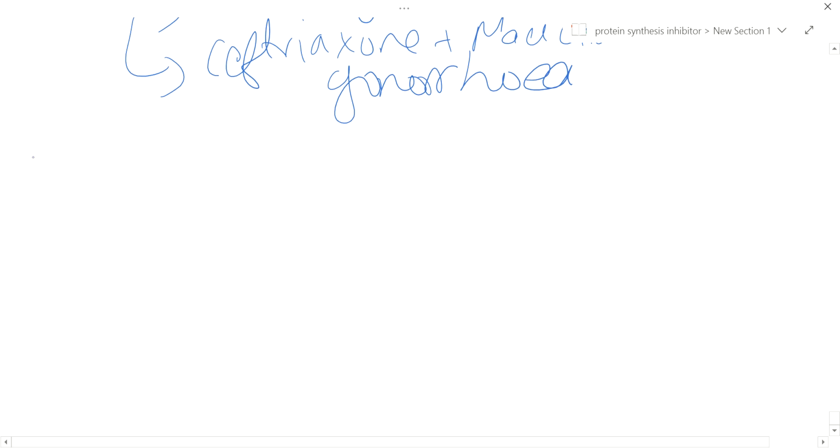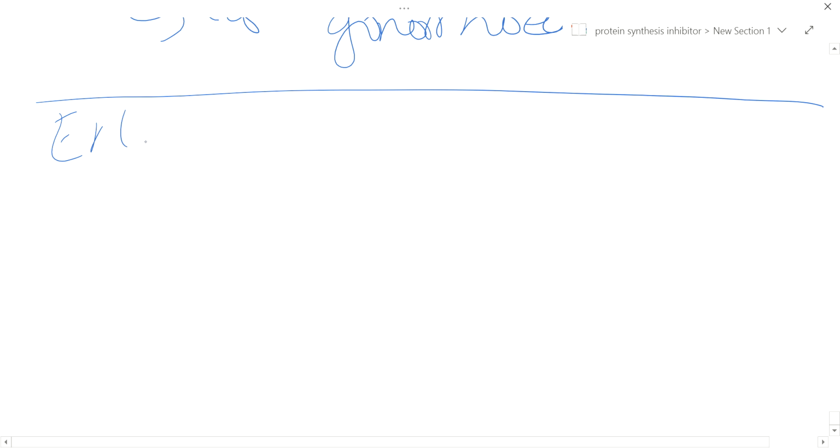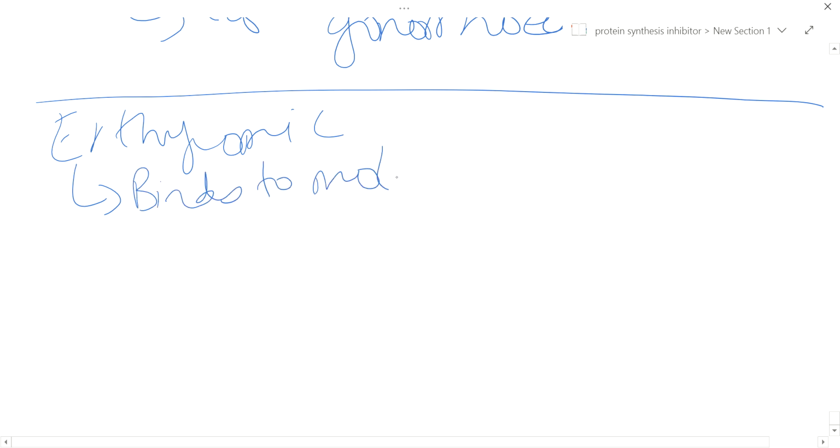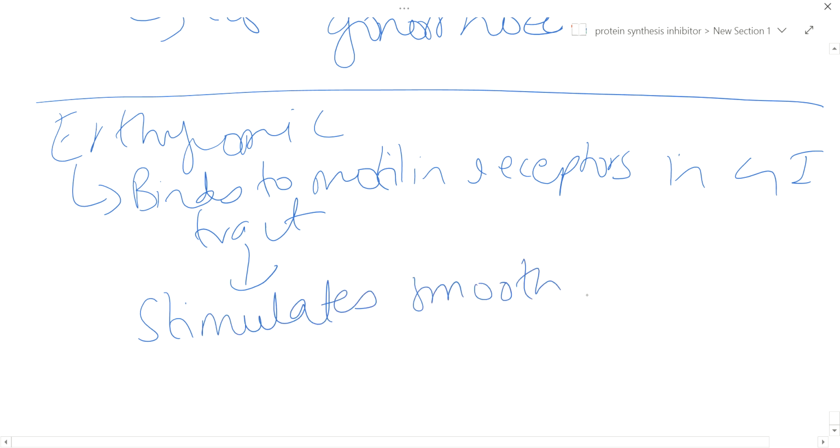So let's learn a little bit about the individual drugs. Let's learn about erythromycin. Erythromycin binds to the motilin receptor in our GI tract, and it stimulates smooth muscle contraction.